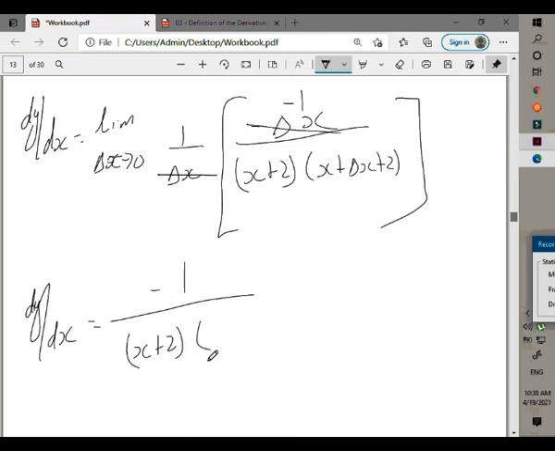Now since this is going to be equal to 0, x plus 2 squared, which means I now have to expand that out, and when I do, I will have x squared plus 4x plus 4. And that's it. Now if you remember this simple step here, it saves you a lot of time.